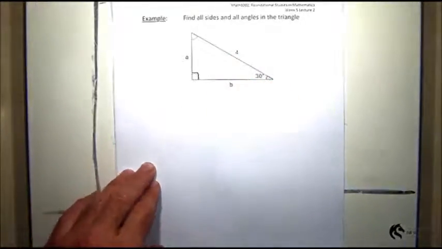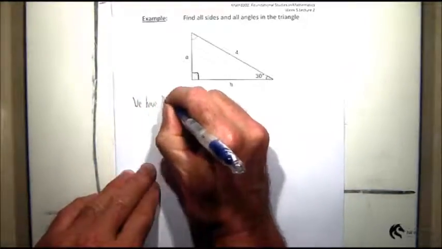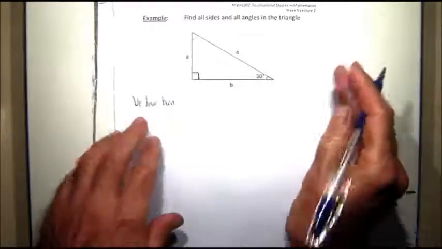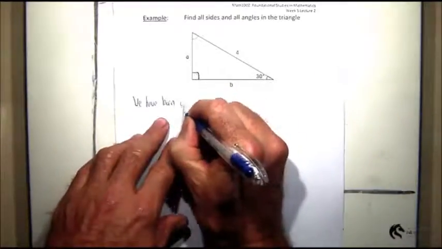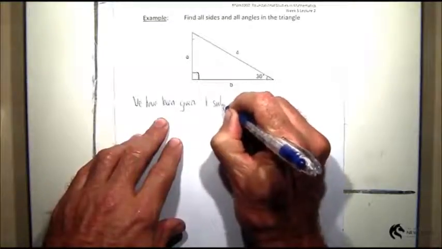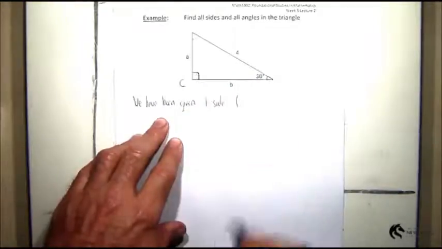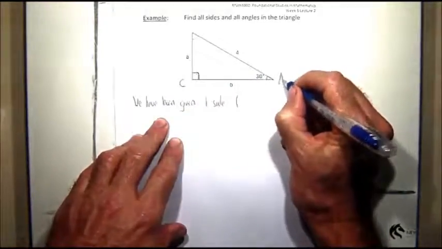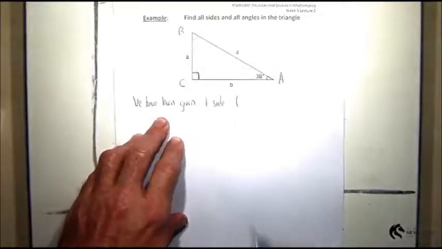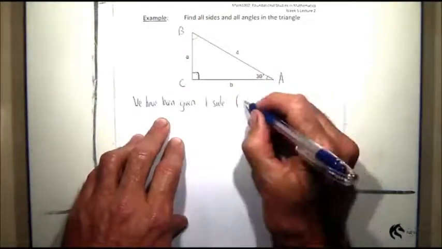You wouldn't write this down in an exam, but I'm writing it down just because I want to explain what we're doing. Here we have been given one side. In this case, we'll call that C. I guess it makes sense to call that A and that one B. So we've been given that little c is 4.